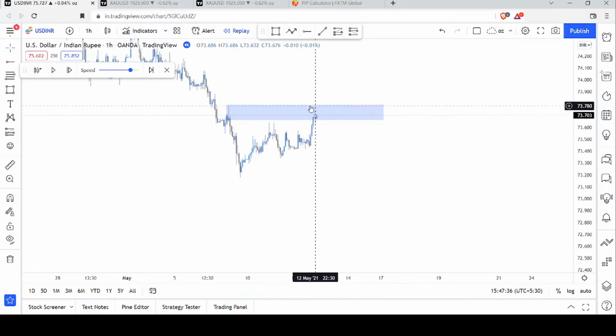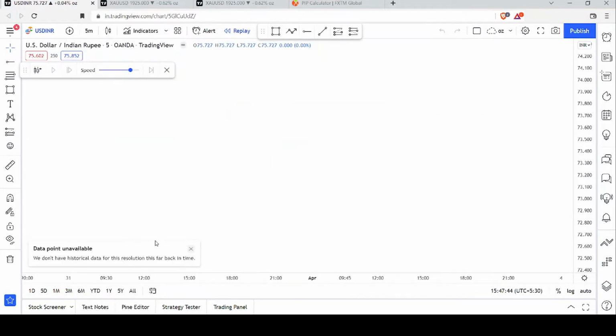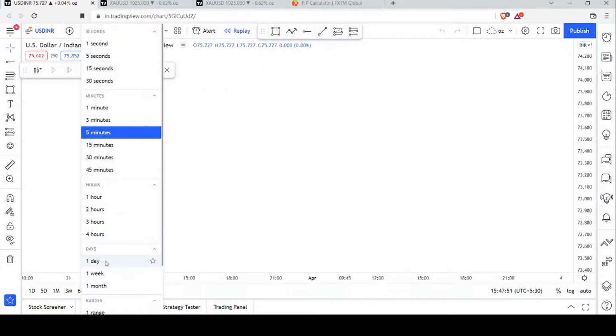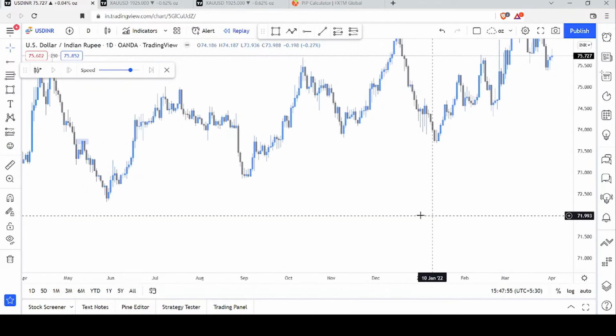Right? Price is here right now. So let's see if we can have any confirmation. Please work, 5 minutes. Oh my God, same thing. We have those, where was it?